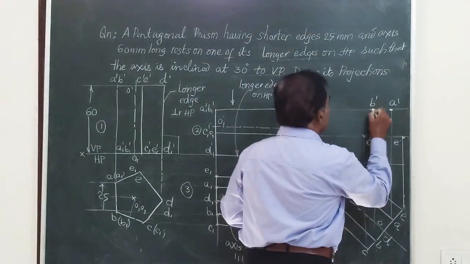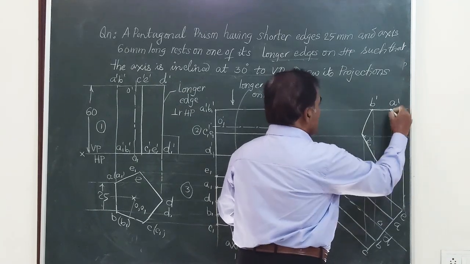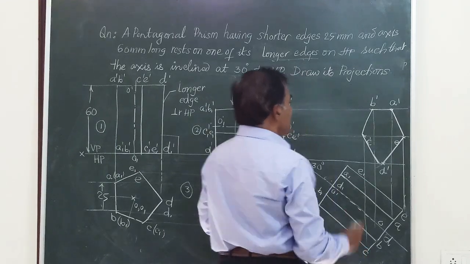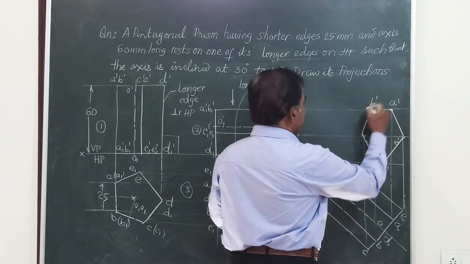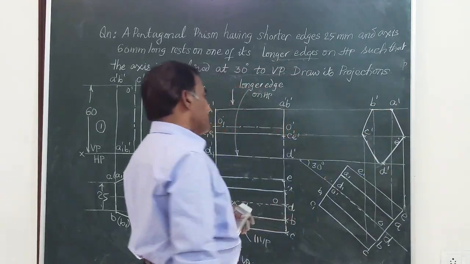So I am going to join A to B, B to C, C to E, A to E and D. We get a squeezed pentagon with the name A dash, B dash, C dash, D dash, E dash.